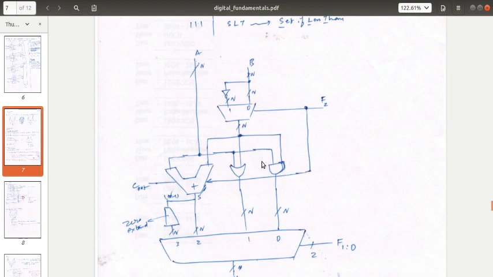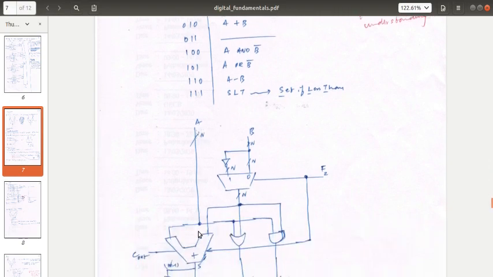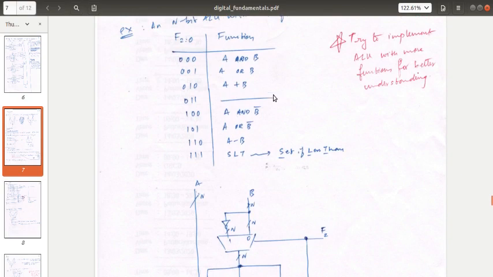Moving on. If we look here, in this whole operation A doesn't have to be complemented. A is always used as it is, so we are taking the input A directly. But for B, for the first 3 operations, B is taken as it is, but for the other 3 operations, B has to be inverted.